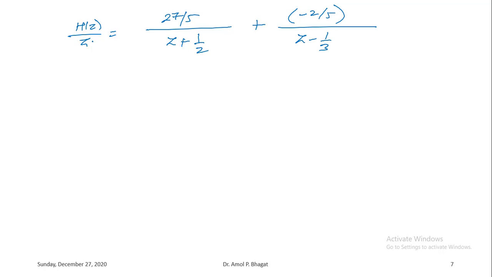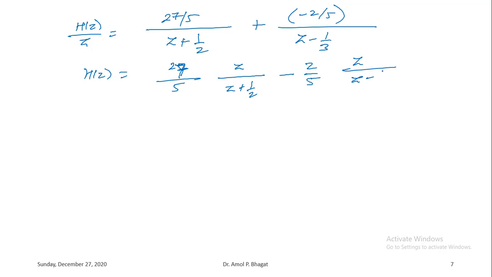Again, you can send this z to the right hand side. Okay, you need the negative powers of z, right? So you have 27 by 5 z upon z plus 1 by 2 minus 2 by 5 z upon z minus 1 by 3.